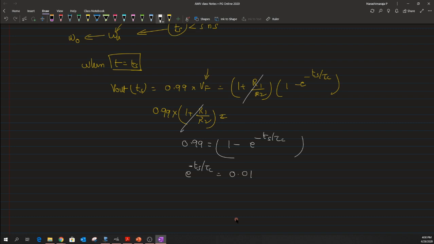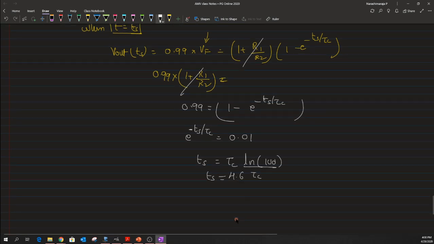So one could rewrite, taking ln on both sides, ts equal to tau c into ln of 100. If I calculate the value of ln of 100, we end up with an approximate value of 4.6 times tau c.